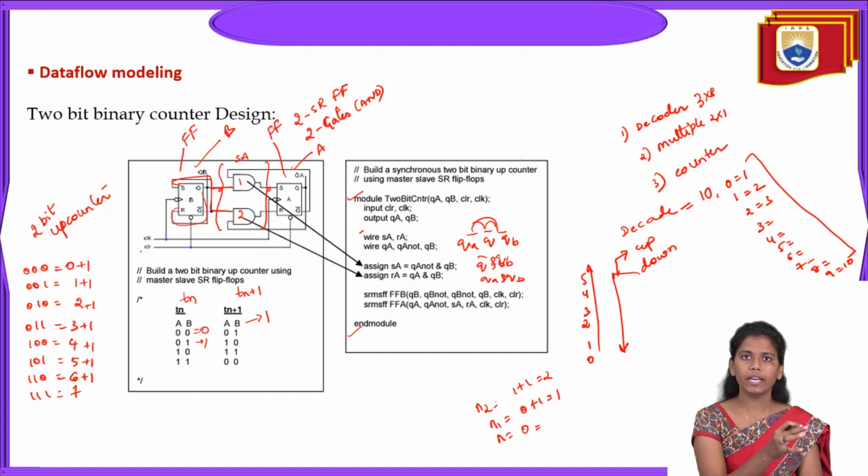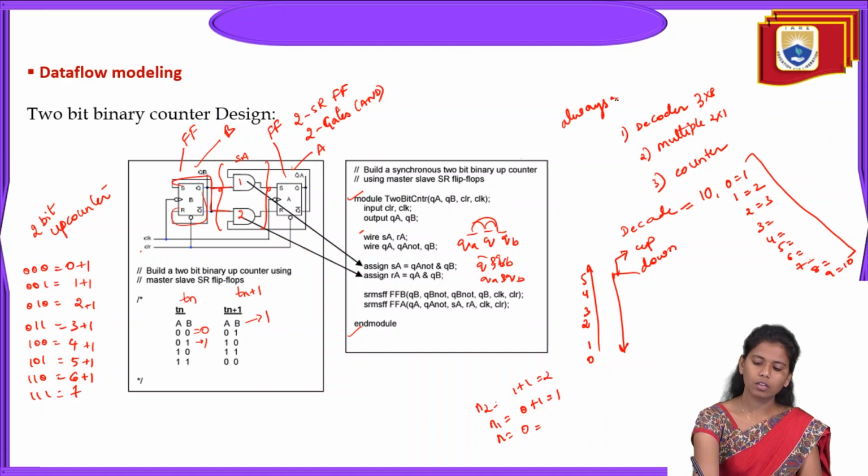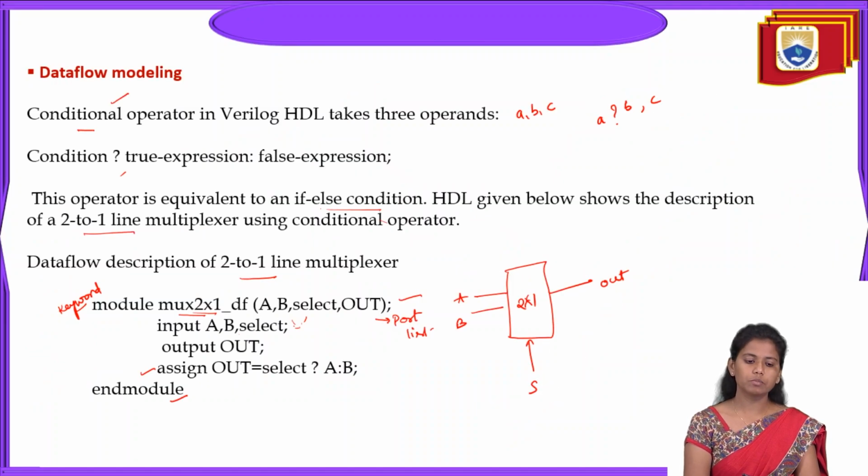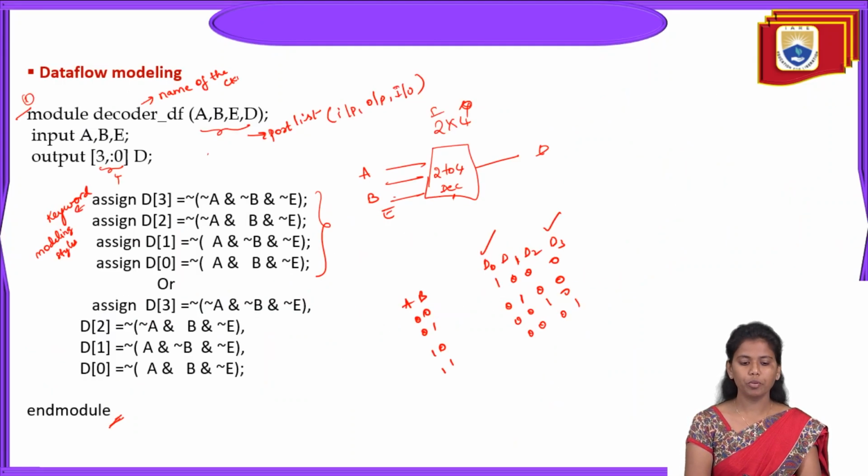Why? Because the data flow modeling style contains the keyword assign. Likewise, behavioral modeling contains a keyword called always at the rate. So this is how we can write the code in terms of data flow modeling. I hope you all understand.